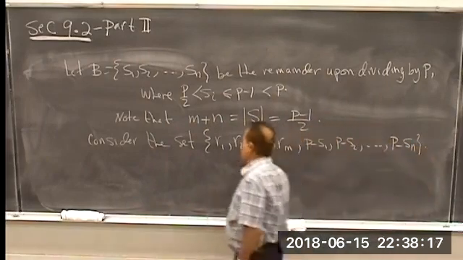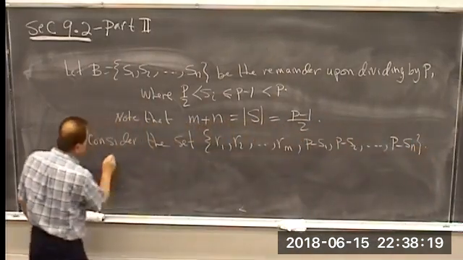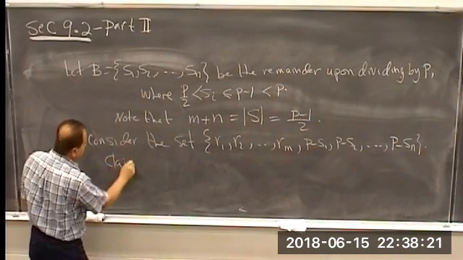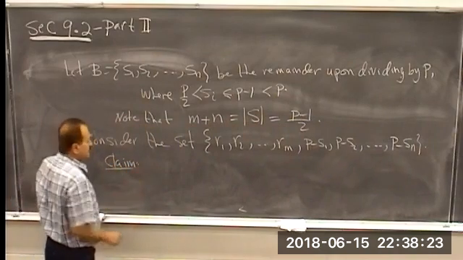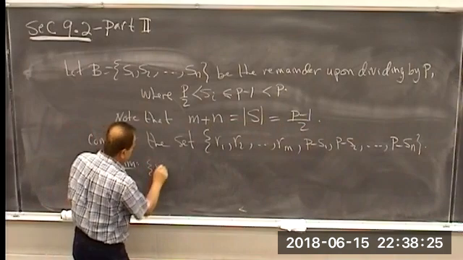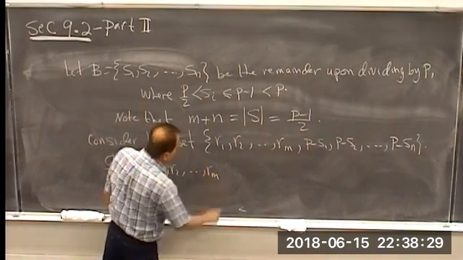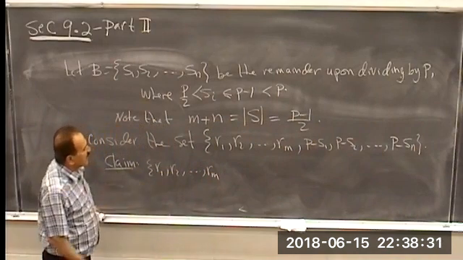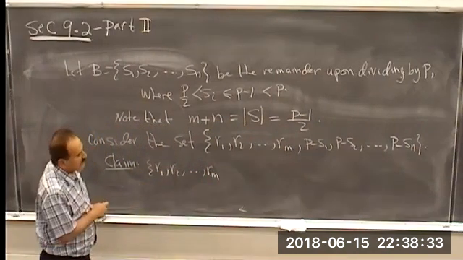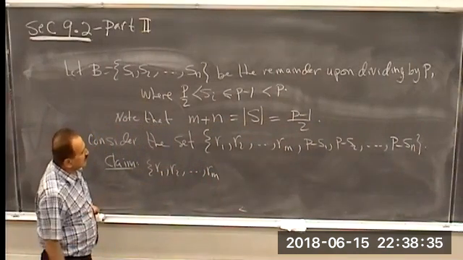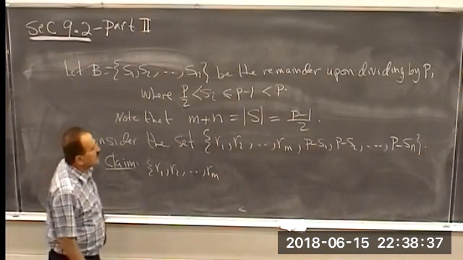I claim that this new set, now remember all the elements in A are going to be in S, because the elements are less than p over 2.